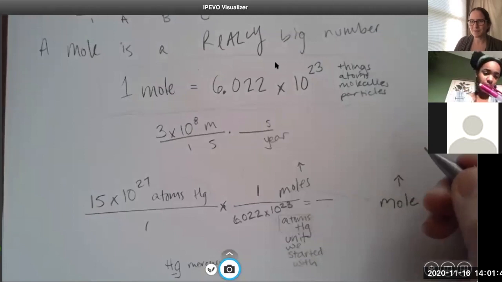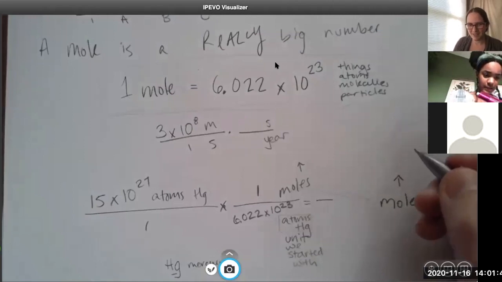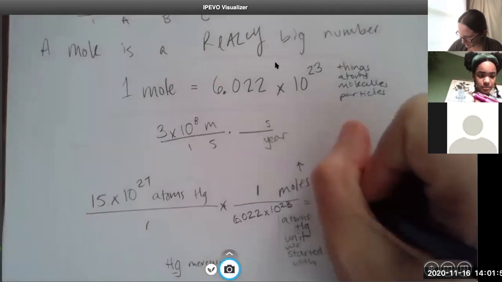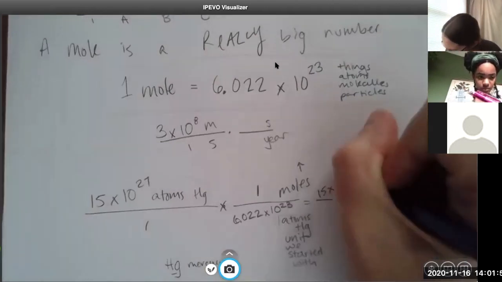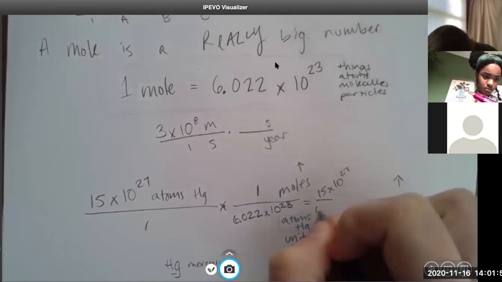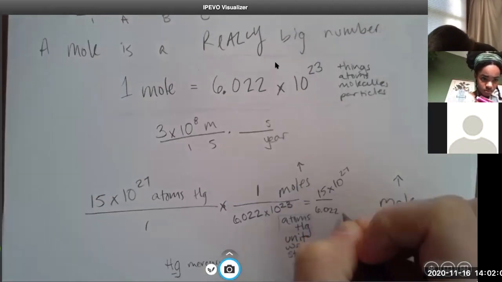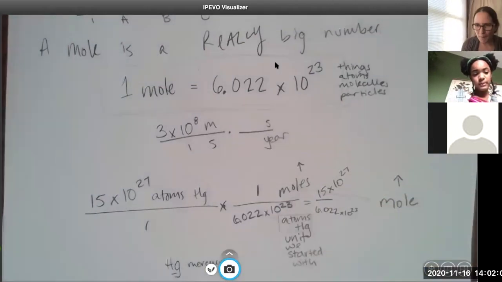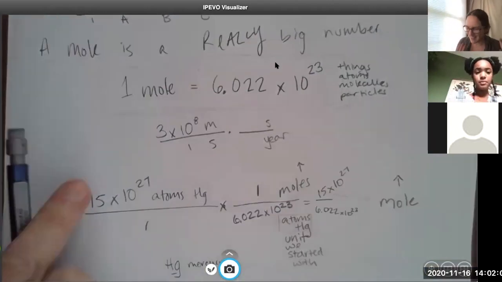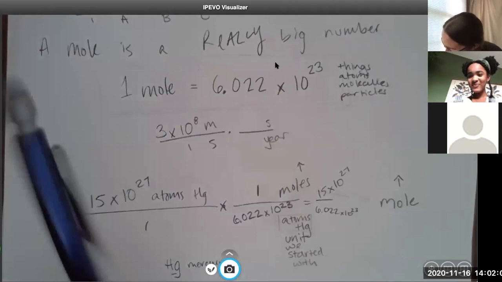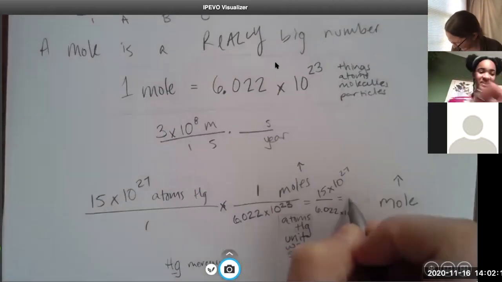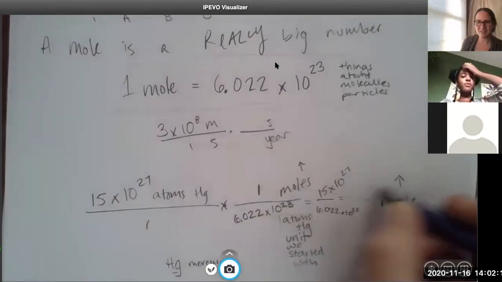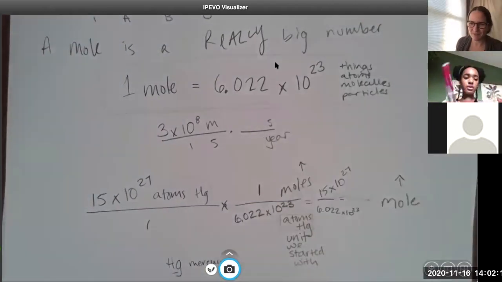Exactly. It does sometimes get messy. I will follow what you're writing. And then for this last bit, will we put it into sig fig form?